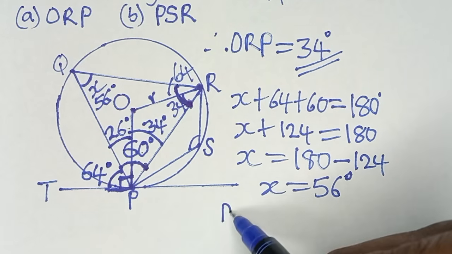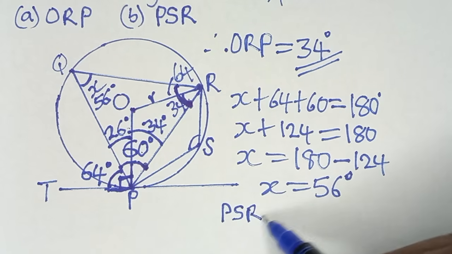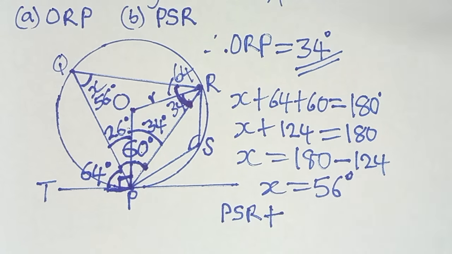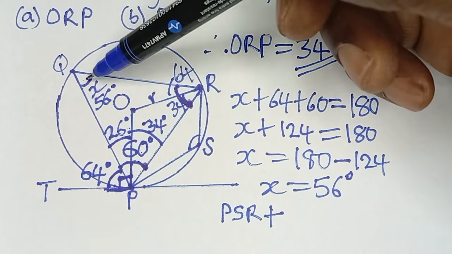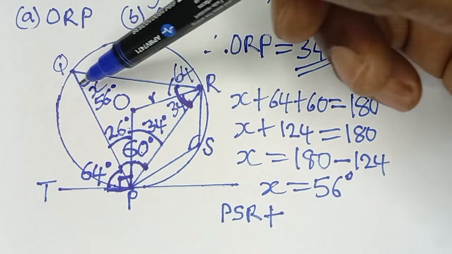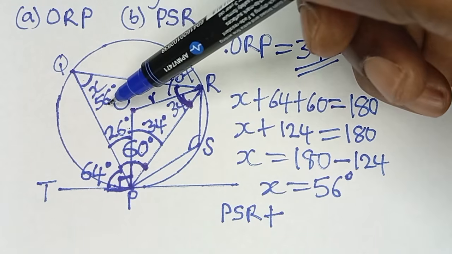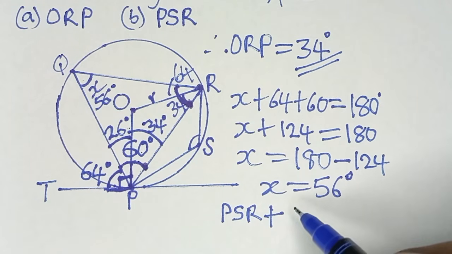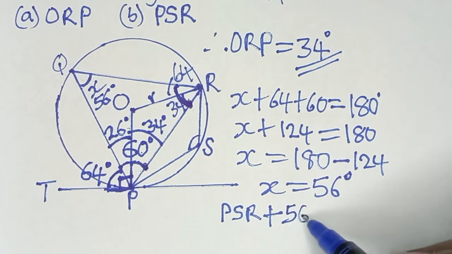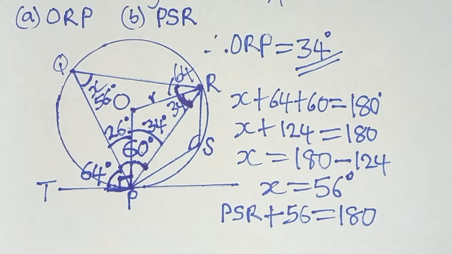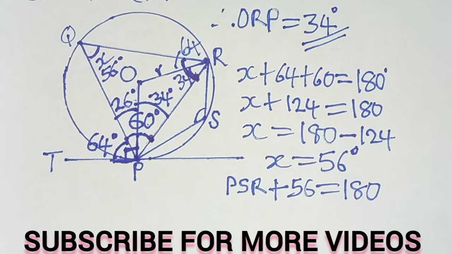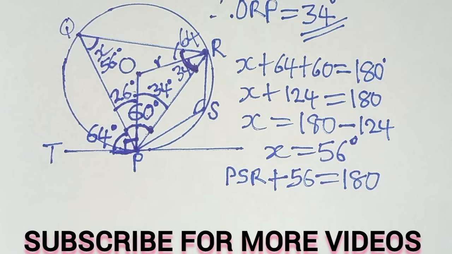So PSR plus its opposite angle. Don't forget, we are talking about opposite angles of a cyclic quadrilateral. So plus its opposite angle, which is this 56 degrees, is equal to 180. Why? Because the opposite angles of a cyclic quadrilateral are supplementary. That means they add up to give 180.